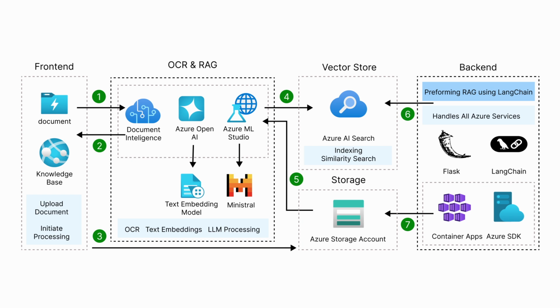From that vector database, every time the user queries a new documentation asking whether it is valid or not, it performs a similarity search in that particular vector database. For the storage of the files, we have used Azure storage accounts, and Mistral is a model which checks for the similarity. The embeddings are created based upon the OCR recognition provided by the Document Intelligence model.